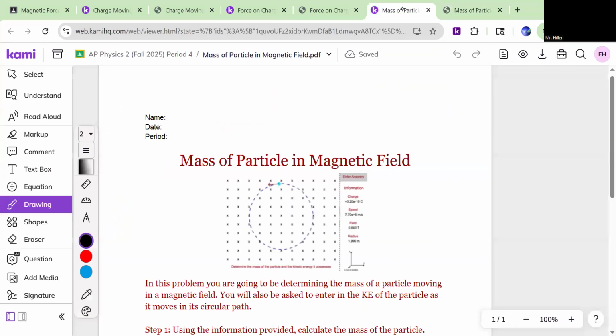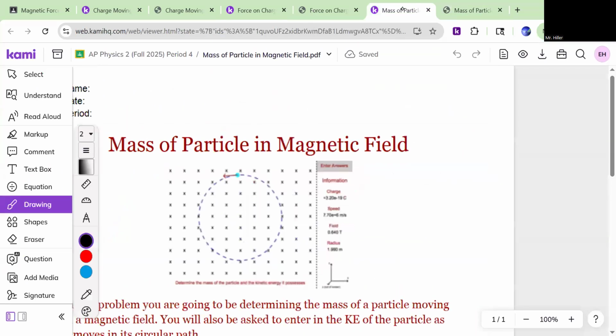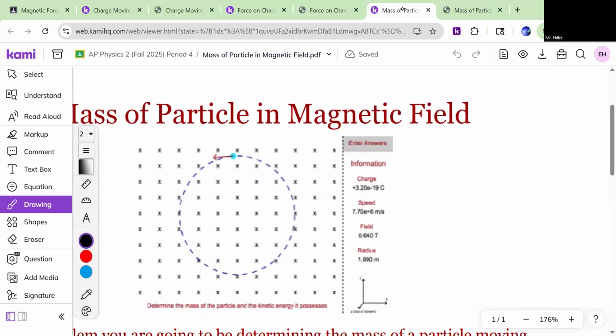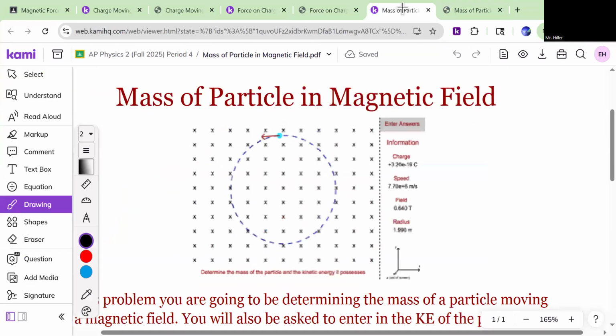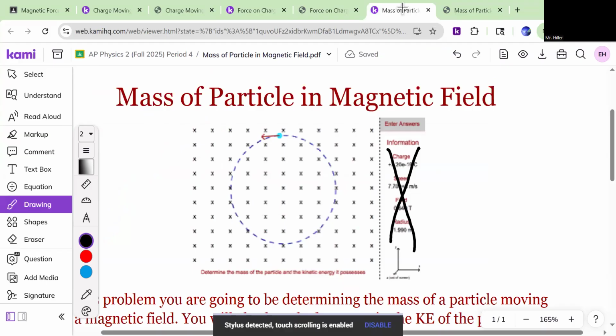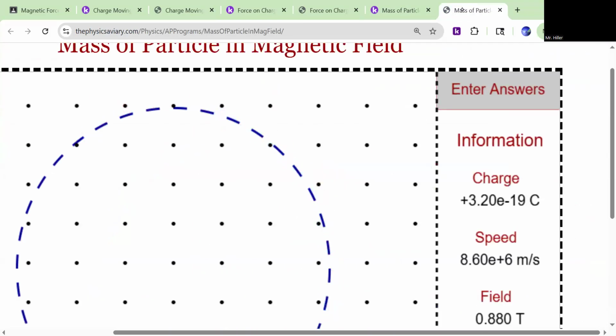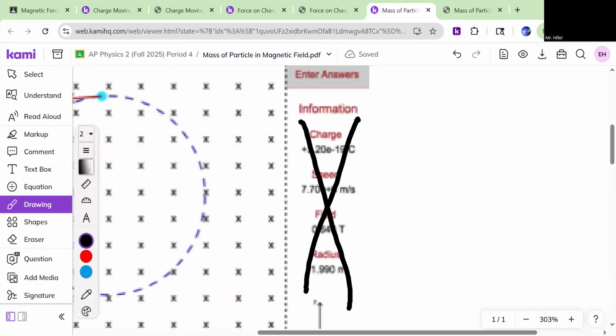So the charge. Okay, now don't enter any of that. I think I may have accidentally made a screenshot copy of whatever I was using at that time, but it's going to be different every time. So the charge Q is going to be 3.2 times 10 to the negative 19.